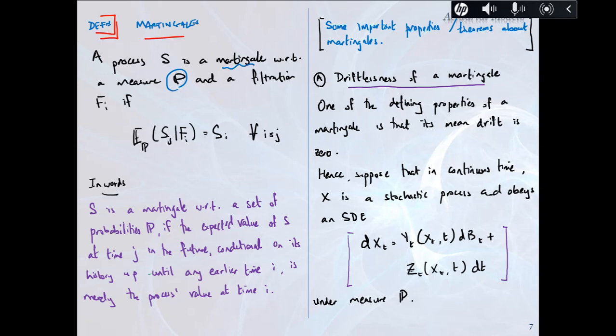It is a Martingale with respect to a probability measure P and a filtration Fi if the expectation under P of Sj, given Fi, the information that I'm standing here, so I know the present and I know the past, is equal to the value of Si.